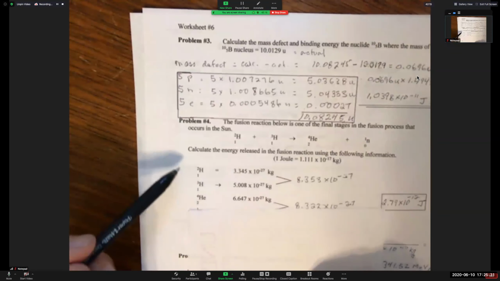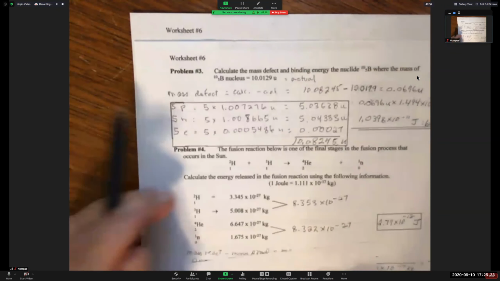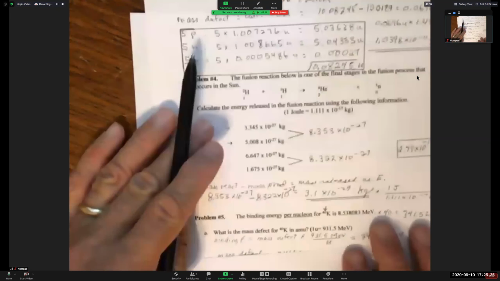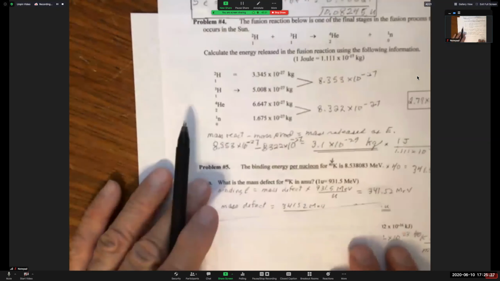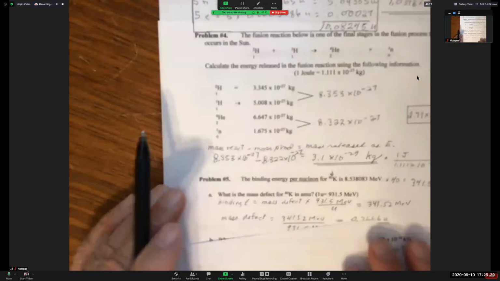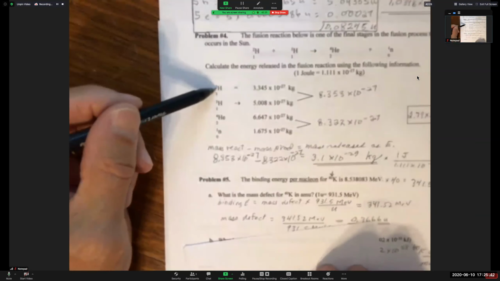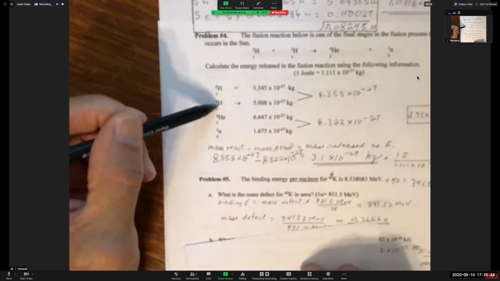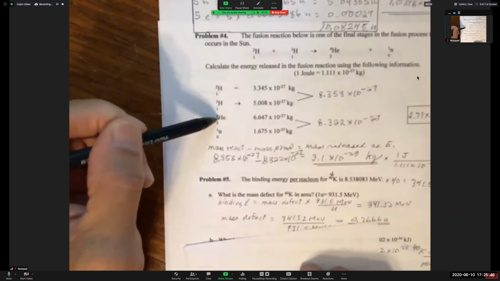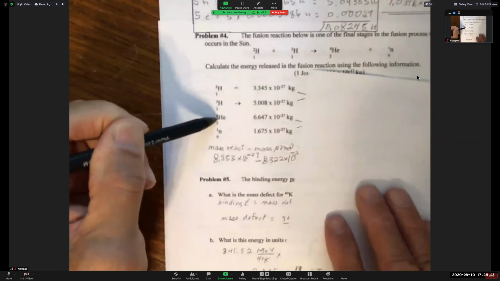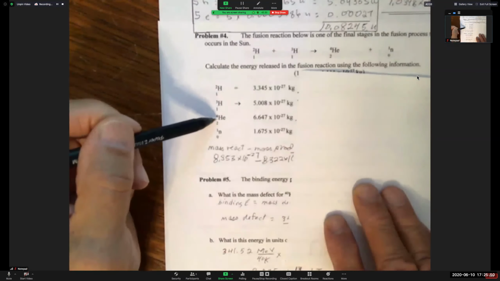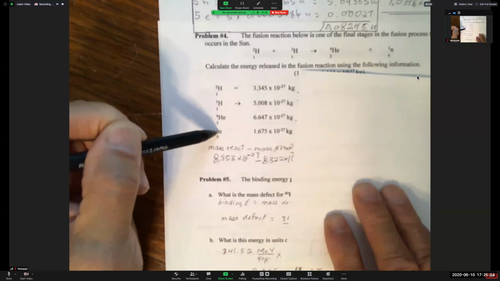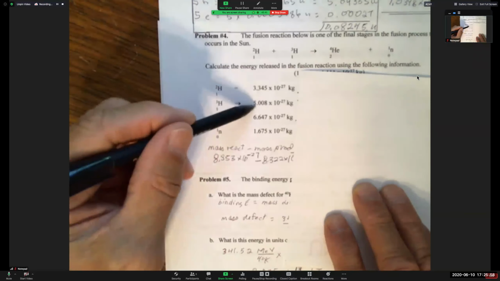And this problem has the masses of all of the reactants and the products listed. So we have deuterium and tritium, which are the reactants. We have helium-4 and a neutron, and the masses of each of those.